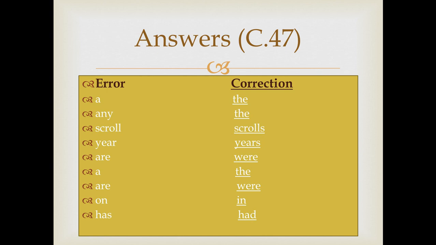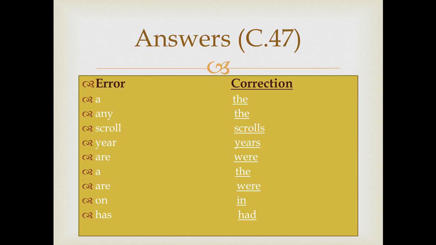No. Are the oldest known manuscript. So we are going to replace "a" with "the". The Dead Sea Scrolls are the oldest known manuscript of any book of the Bible. They are the oldest known manuscript of the book of the Bible. So we are going to replace the word "any" with "the".